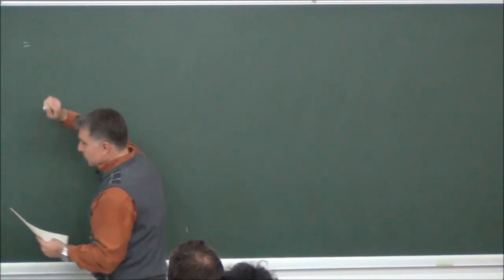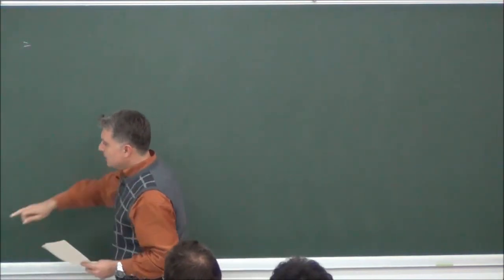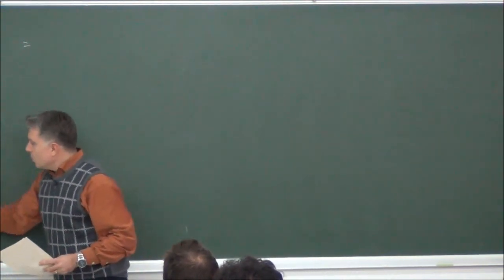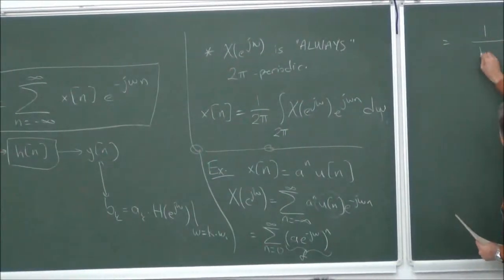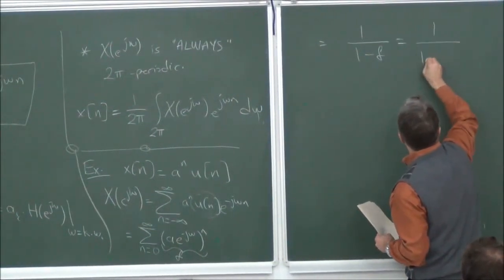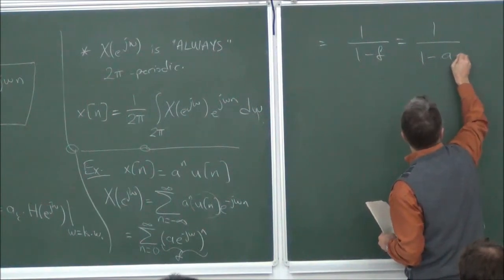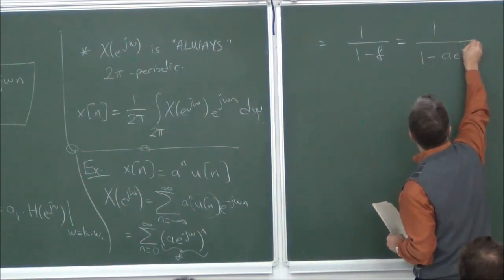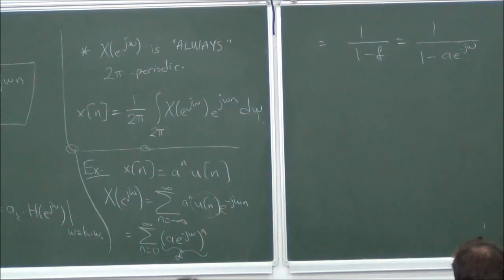What is that equal to? If this is f, yeah, it is 1 over 1 minus f. And that is 1 over 1 minus a e to the minus j omega. And that's it, finished. This is the Fourier transform.